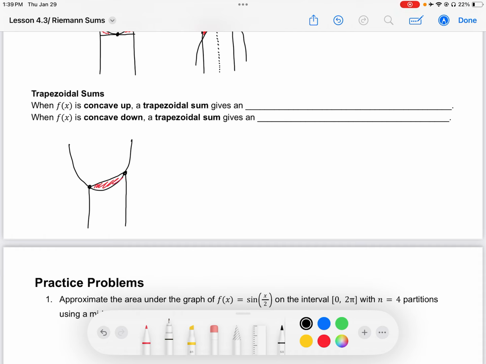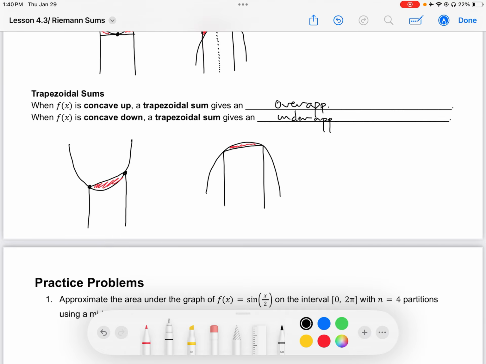So if the function is concave up, trapezoidal sum is an over approximation. Whereas if the function is concave down, and I find a trapezoidal, just by connecting these two, I'm missing some area, and therefore I'm dealing with an under approximation.